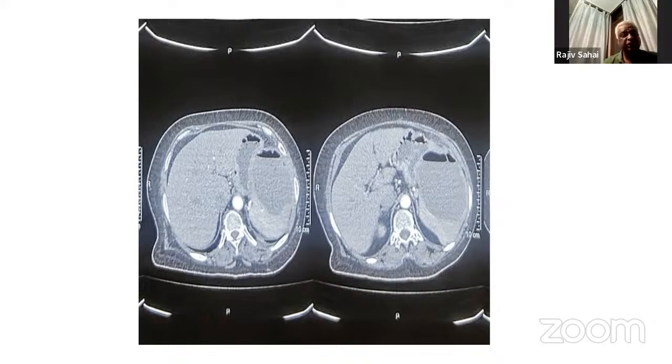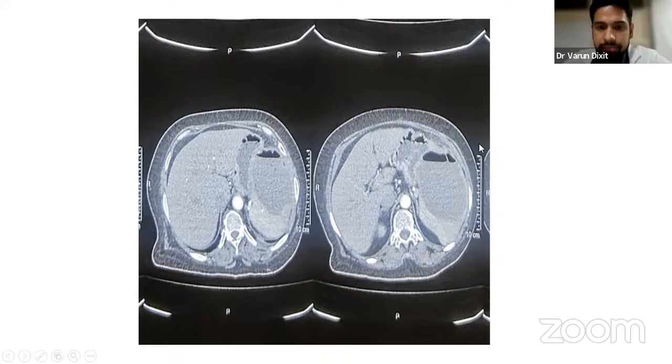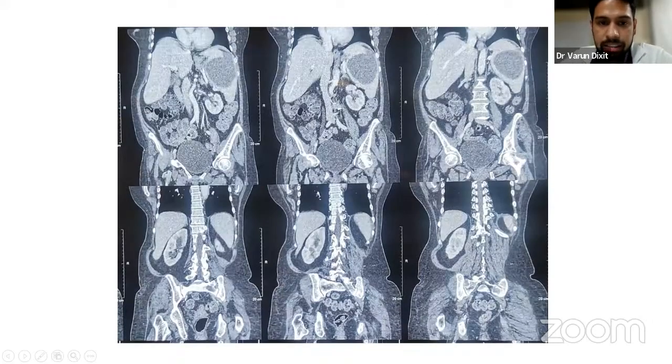Why do you think it's IV contrast? Because we can see the aorta, so this is in the arterial phase. And this is the coronal section of the CT, and in this we can see over the left side the splenic abscess.